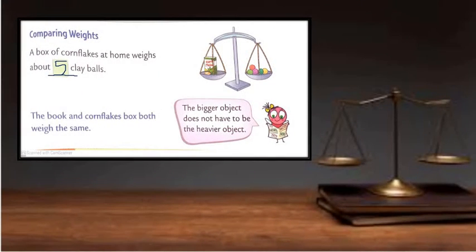If you observe, the weight of the cornflakes box is also about 5 clay balls. The book and the cornflakes box both weigh the same. Here we have made a comparison of weights.